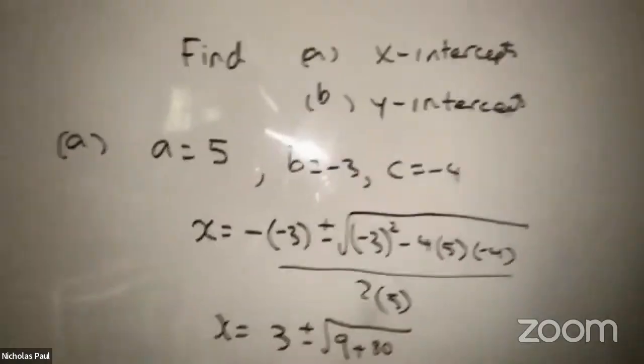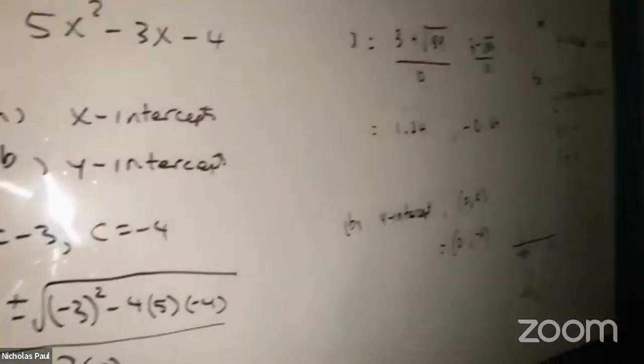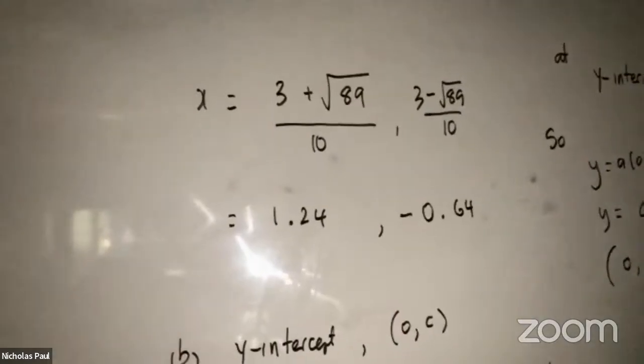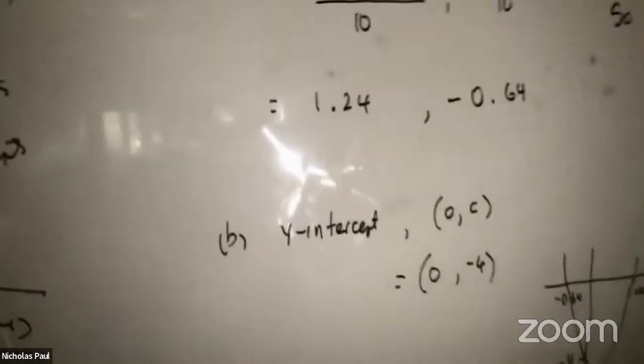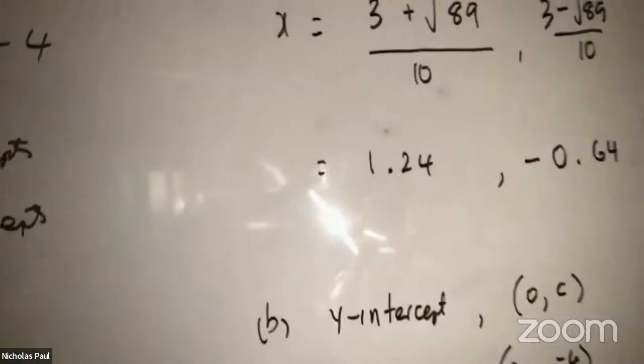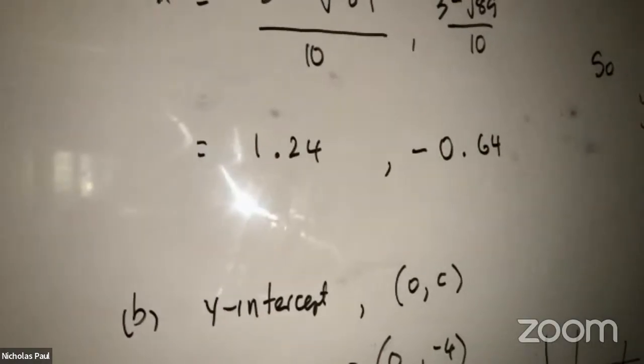You will see. That's the solution there. And then on that side there. Those are the equations there. Right, so the final answer was here, I think. 1.24 and minus 0.64.